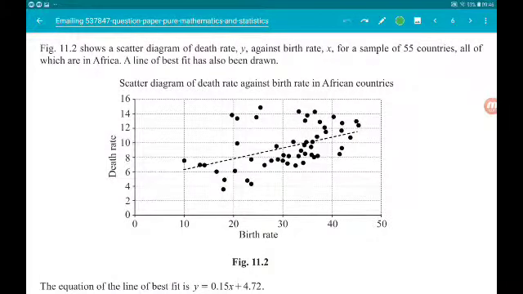Okay, next up, figure 11.2 shows a scatter diagram of death rate Y against birth rate X for a sample of 55 countries, all of which are in Africa. A line of best fit has also been drawn. So we got a scatter diagram of death rates against birth rates in African countries.